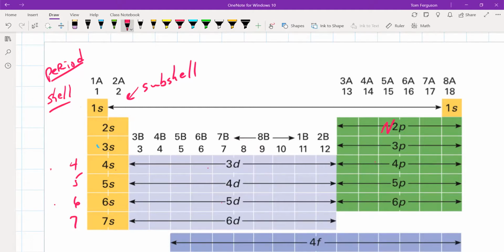So this would be shell 1, shell 2. Nitrogen is in shell 2. That means the core electrons are in shell 1. That's a 1s2. Okay. To get over to nitrogen, we need to have 2 s's, 3 p's.